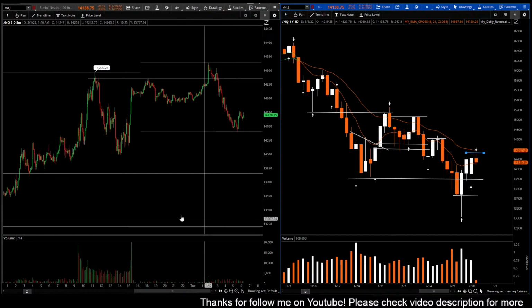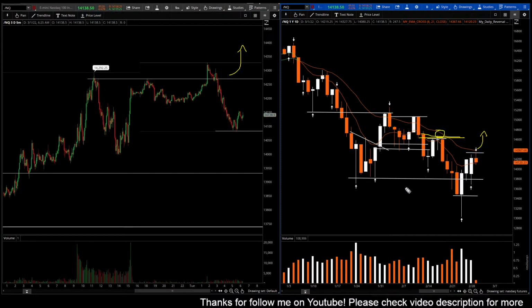For the bull case, we need to get above yesterday's highs and this morning's highs in order to resume and try to go into these highs, all the way above 14,600 on Nasdaq. But if we break and make new lows for the day below pre-market lows, then we can retest here, go back below 14k and retest all the way into 13,800 on Nasdaq.